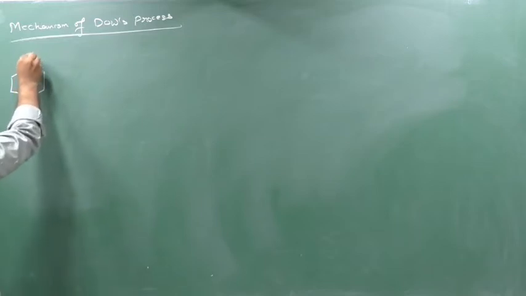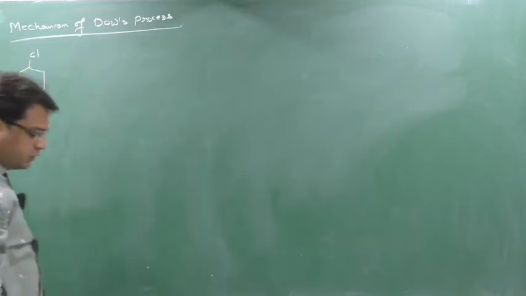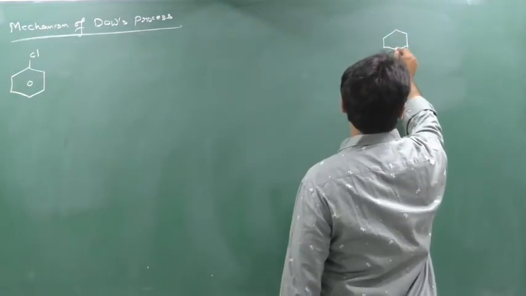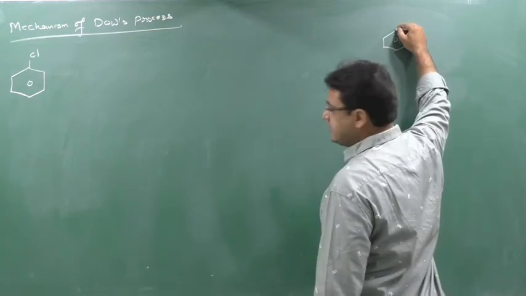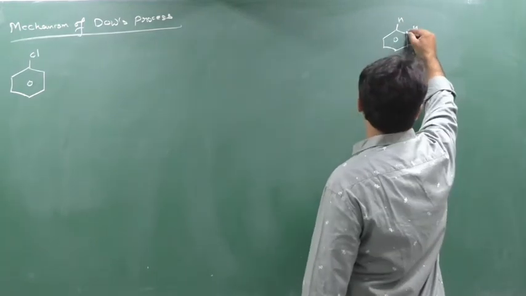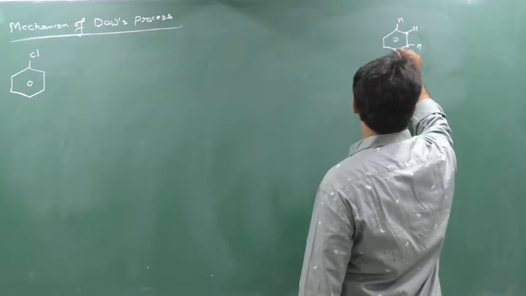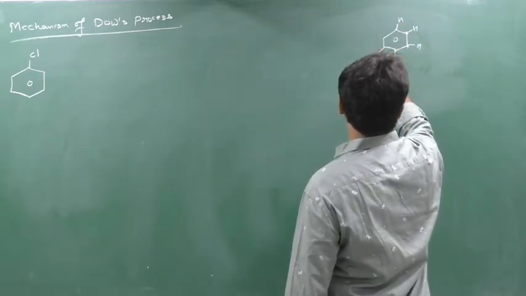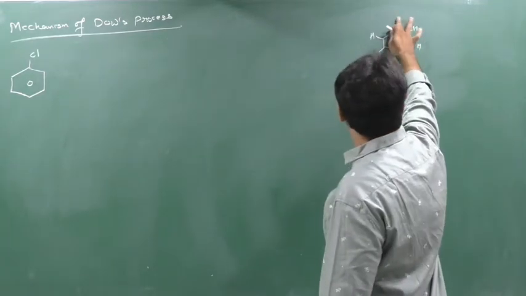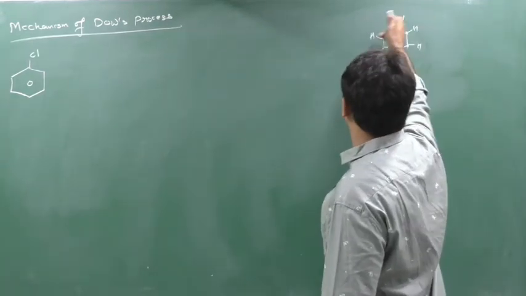You know this is benzene, and on each carbon of benzene there is a hydrogen, C6H6. Every dot represents carbon. This is hydrogen, this is hydrogen, this is hydrogen. These all have hydrogen, and here one place has been replaced with chlorine. So this is nothing but chlorobenzene.